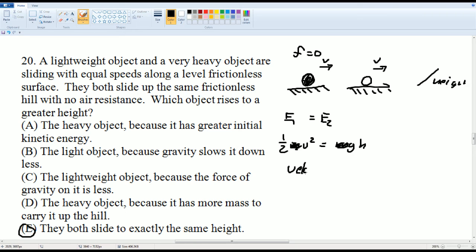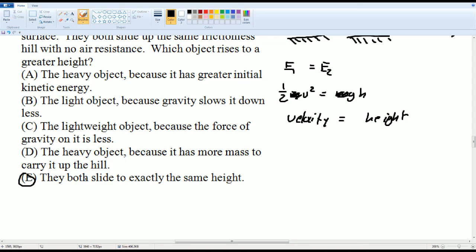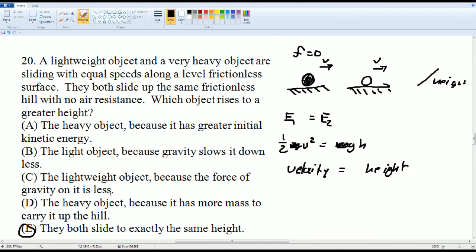So there's a relationship between velocity and height only. They both slide to the same exact height. It doesn't matter. It all depends on speed, and they have equal speed. All right.